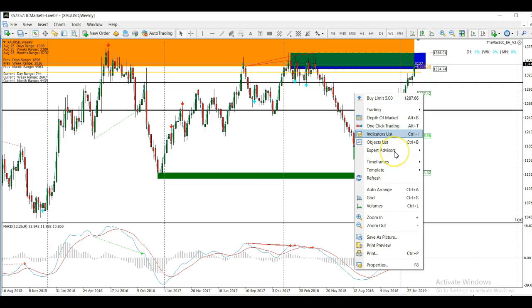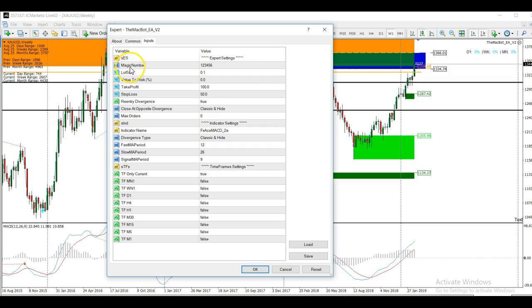I'm just going to right click and go to Expert Advisors, then properties. One standard lot for gold. Take profit is 300. Stop loss is the close at opposite divergence, so it will close on an opposite divergence in any one of the time frames.